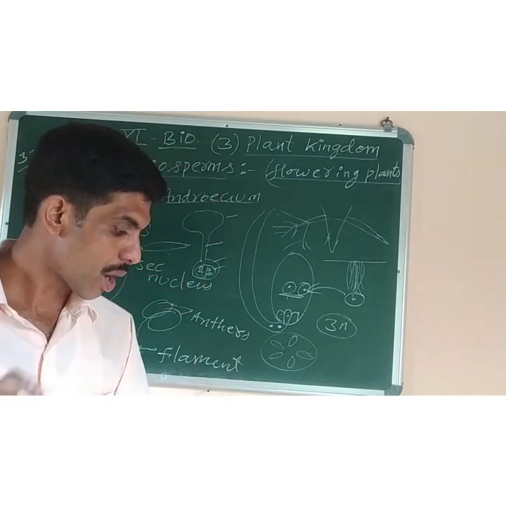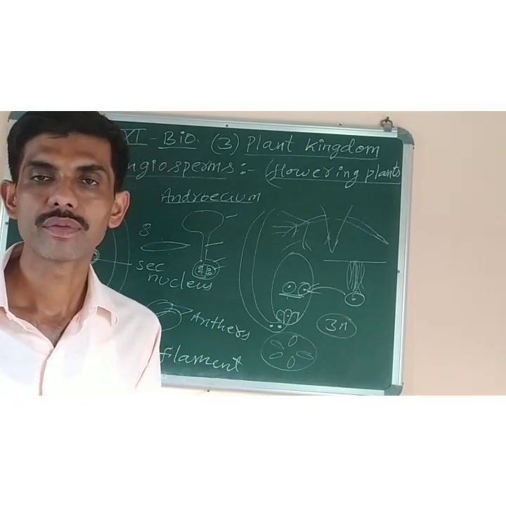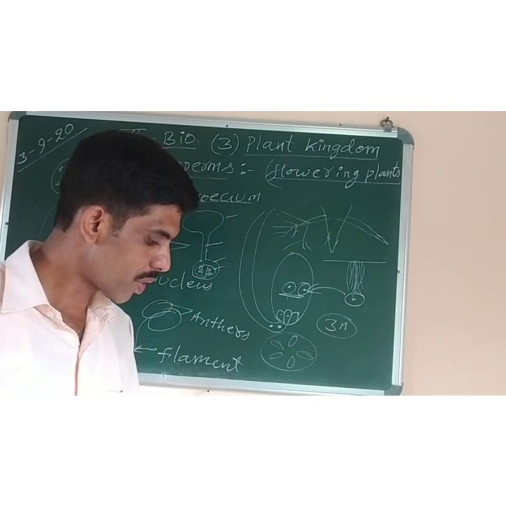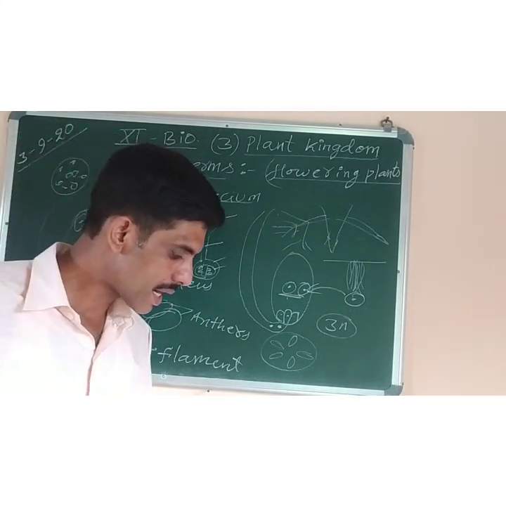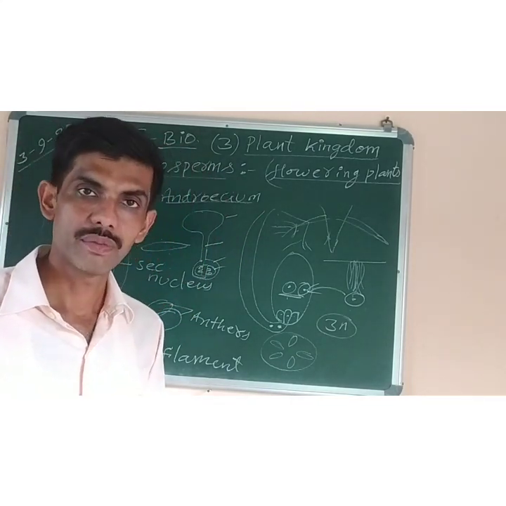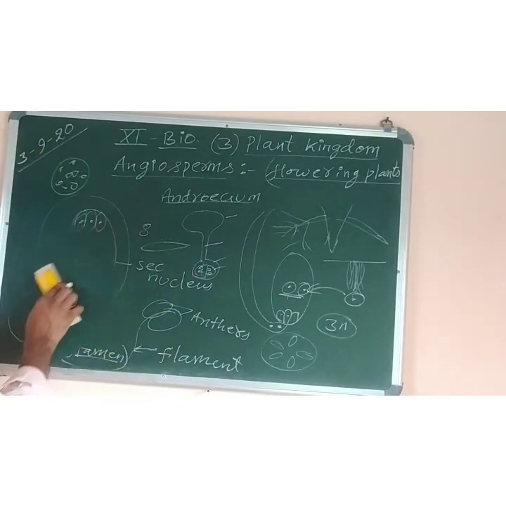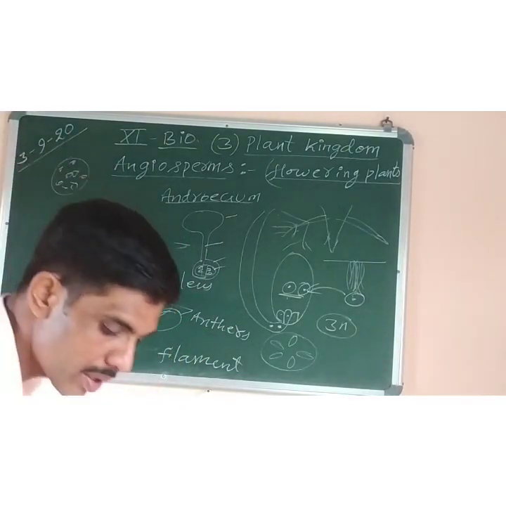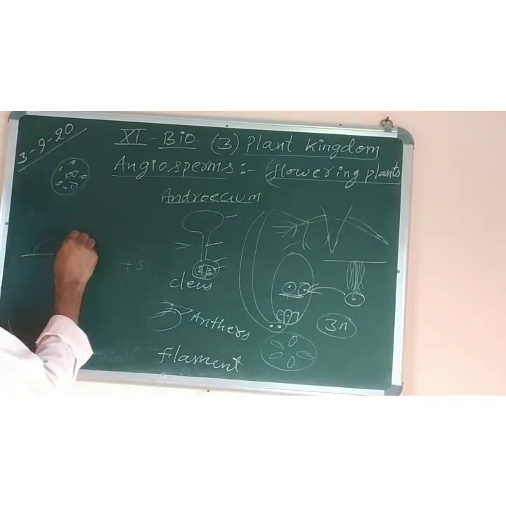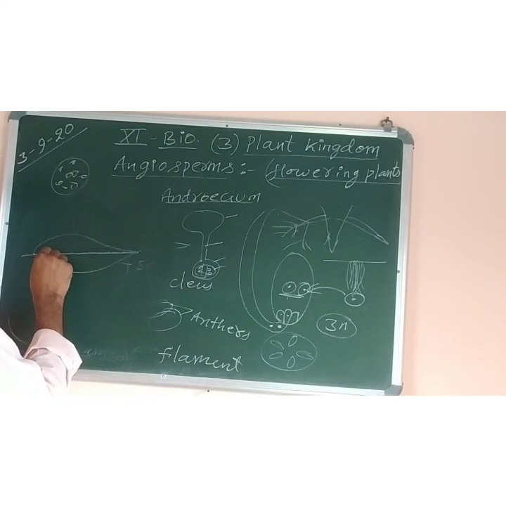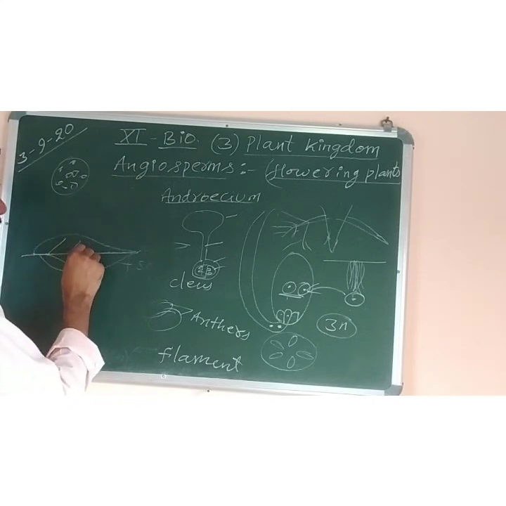Now one more important point, about the type of venation found in the leaves. The leaves of dicot plants have reticulate venation, means there is a thick midvein, then we have the secondary veins, and then certain branches form a net-like structure.